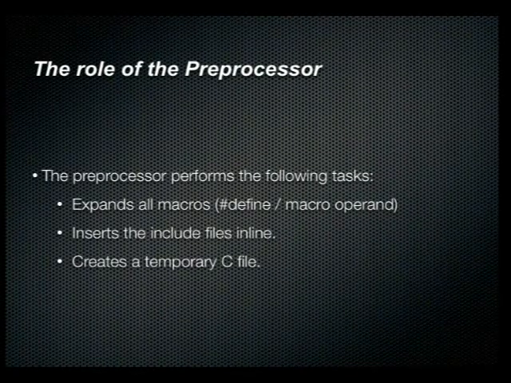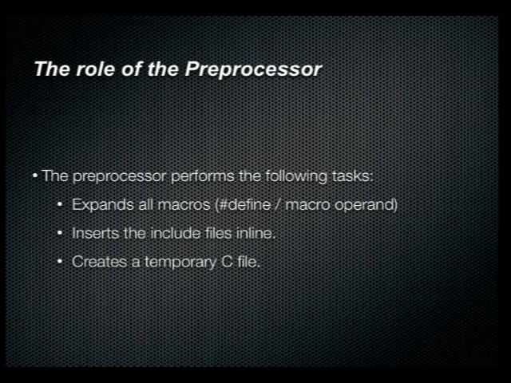So what is the role of the preprocessor? Effectively, the preprocessor performs a series of tasks. First of all, it expands any macros that you may have defined in your C code. If you've got any hash defines, it simply does string replacement through your C code, generating an intermediate C program in which all the hash defines are expanded.